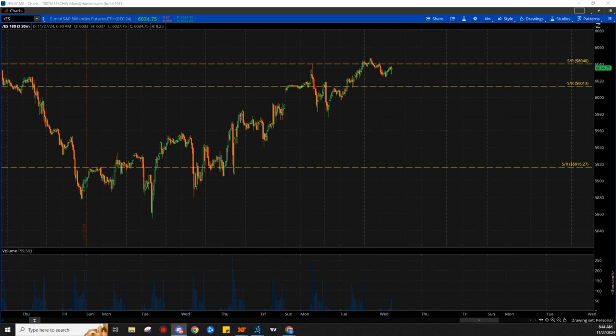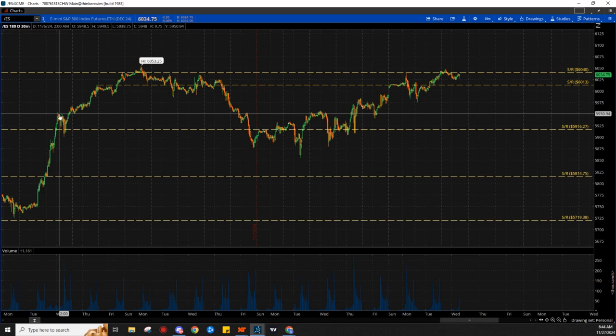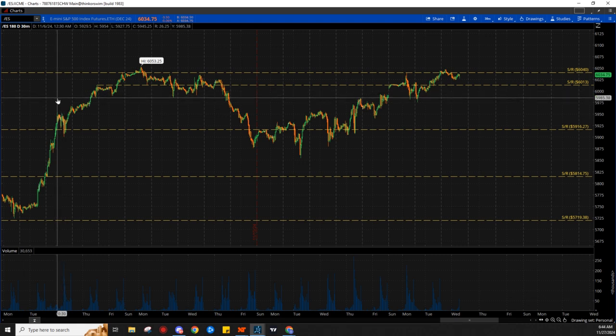Meta's starting to hold at 20 SMA, so be careful there. Yeah, Amazon's holding there a little bit. I see that.